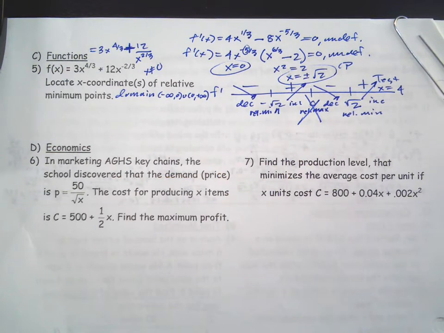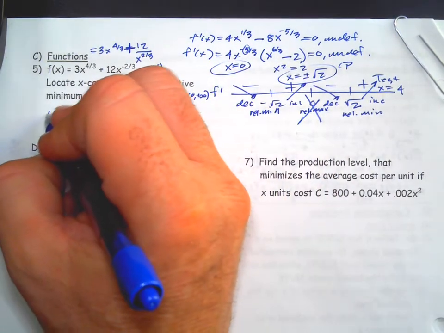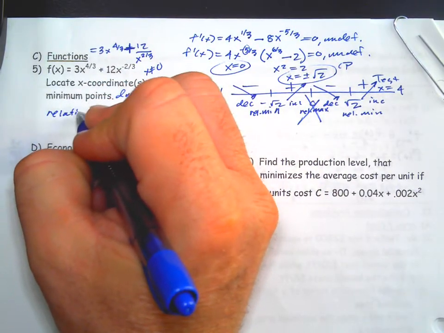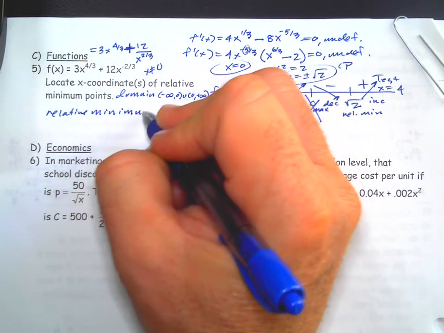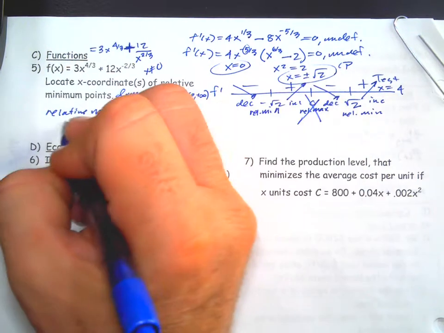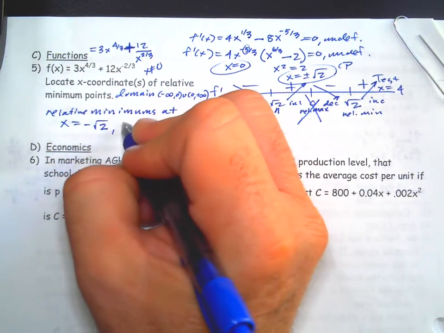Now, you may have just accidentally got it right because we weren't asking for relative maxes and mins, but I probably would be looking for some kind of evidence to know that you didn't use that. So, anyways, relative minimums at x equals negative root 2 and positive root 2.